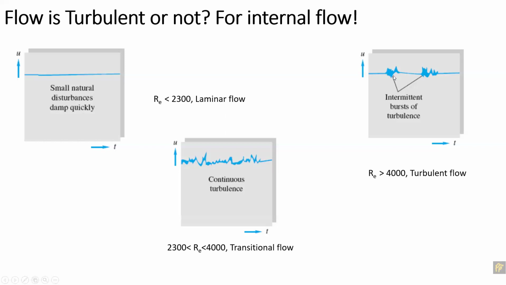These occasional disturbances are the turbulence. They will make the flow a transition: sometimes the flow is laminar, sometimes turbulent. But once those disturbances grow and the viscosity is not able to control them, then the flow is turbulent. Okay, the flow is turbulent.